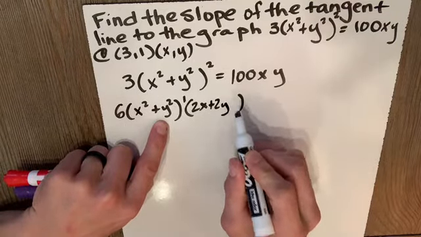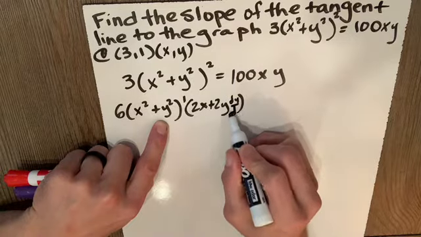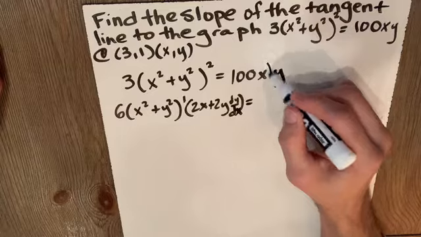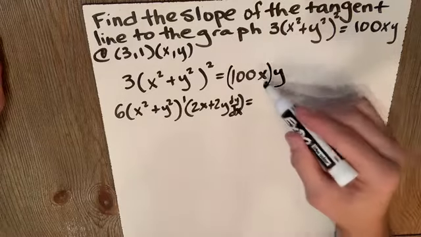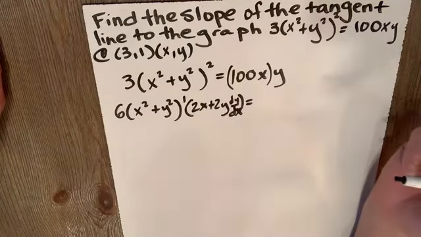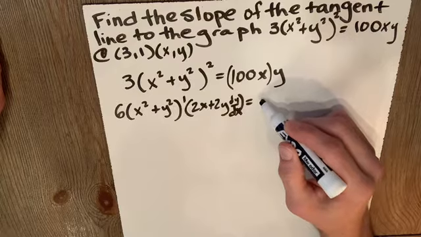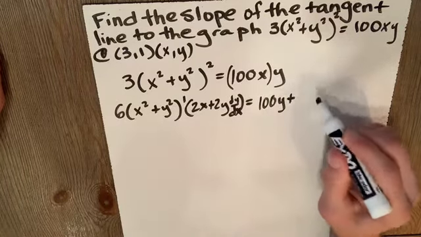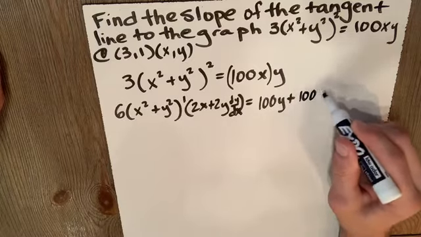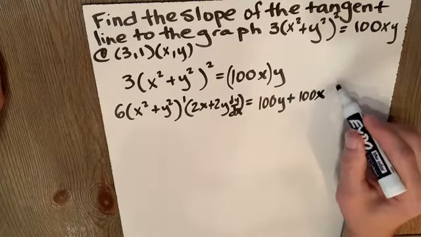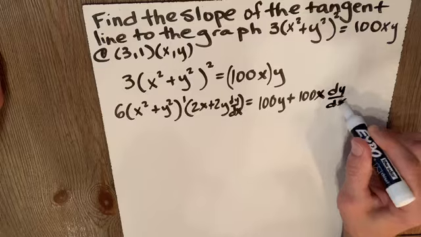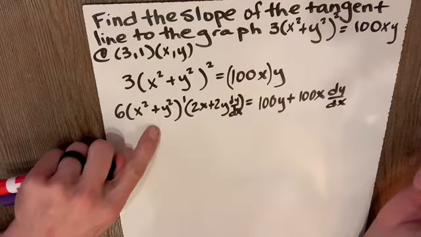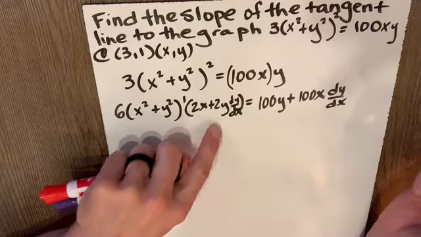You guessed it, chain rule, dy dx, when we use that implicit differentiation, is equal to, well, I'm going to consider on the right-hand side that this is f and this is g. So product rule, derivative of the first, 100, times the second, plus the first, 100x, and the derivative of y we know as dy dx. All right, so now we've got this times this.